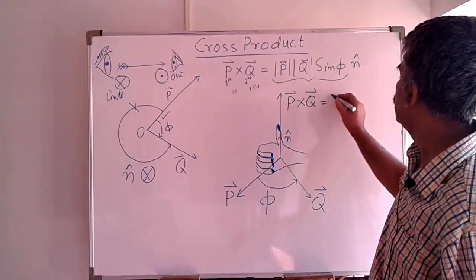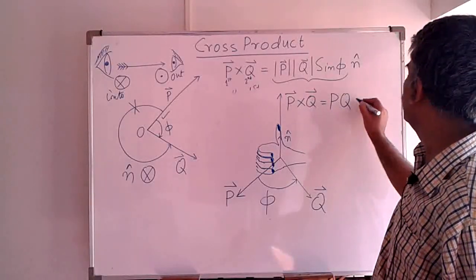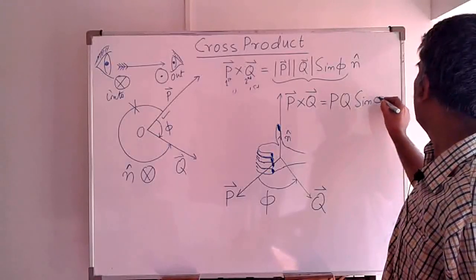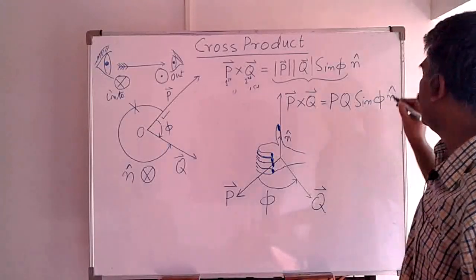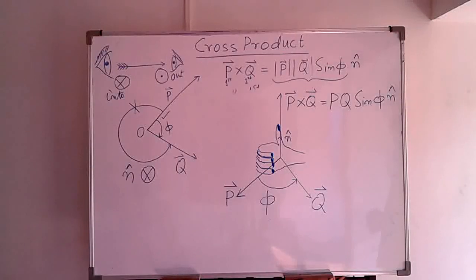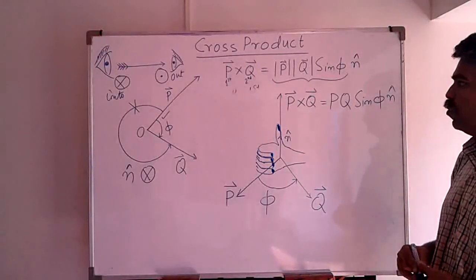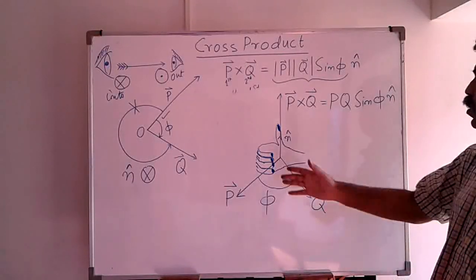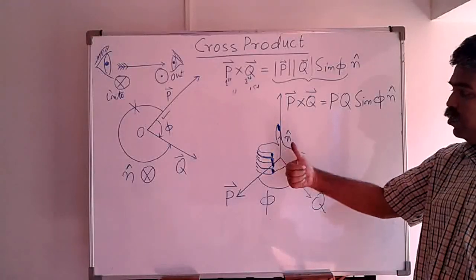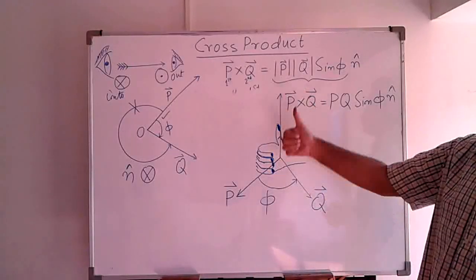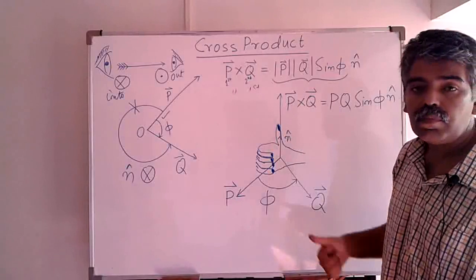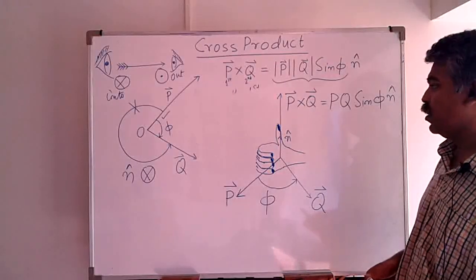So here it is P, Q, sin phi, n cap. Okay, I think you got the direction. This is very important. If you rotate it from P to Q through the shorter angle, this thumb will give you the direction of the resultant vector.